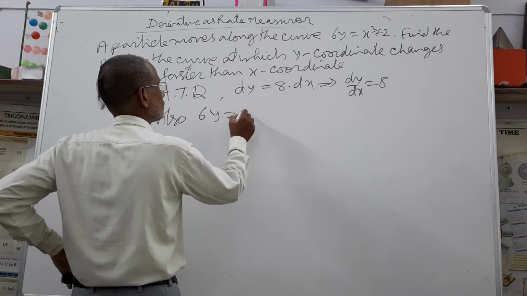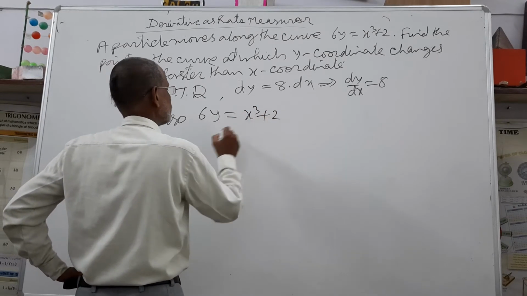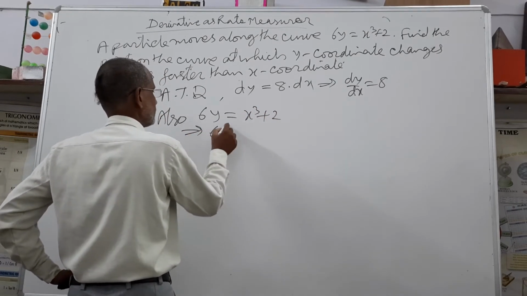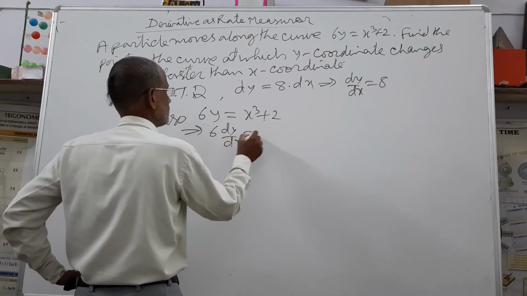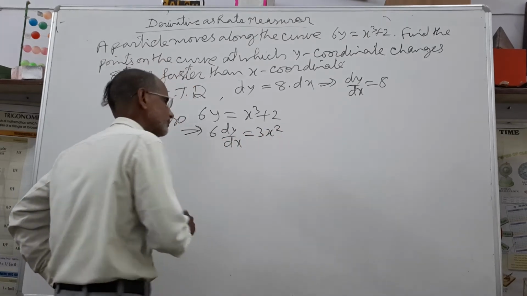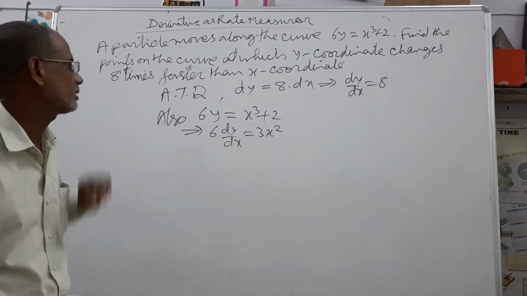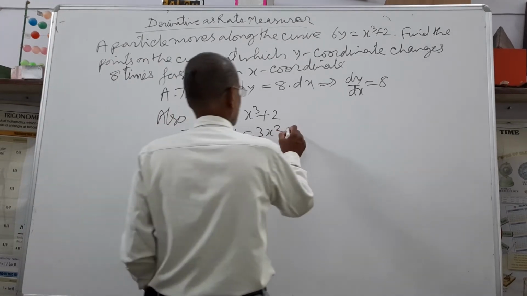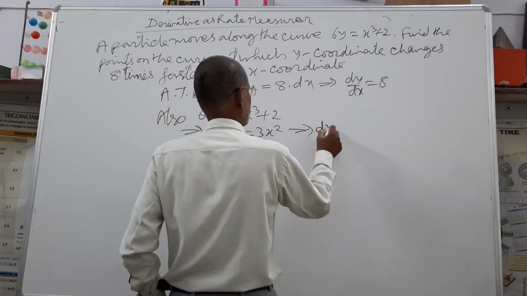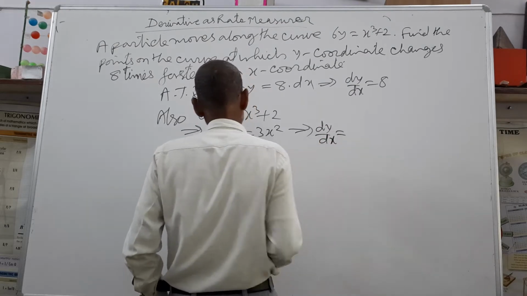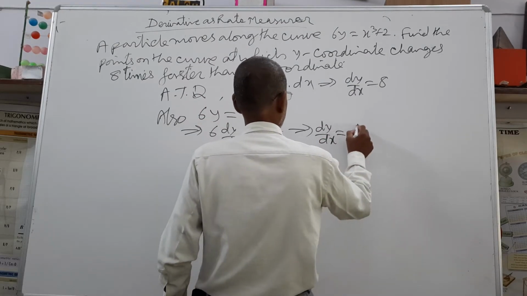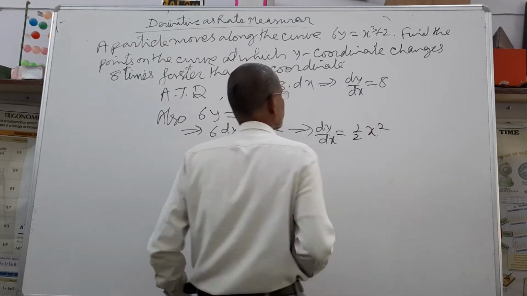6y is equal to x cube plus 2 implies 6 into dy dx is equal to 3x square, differentiating both sides with respect to x. This implies dy dx is equal to half x square.